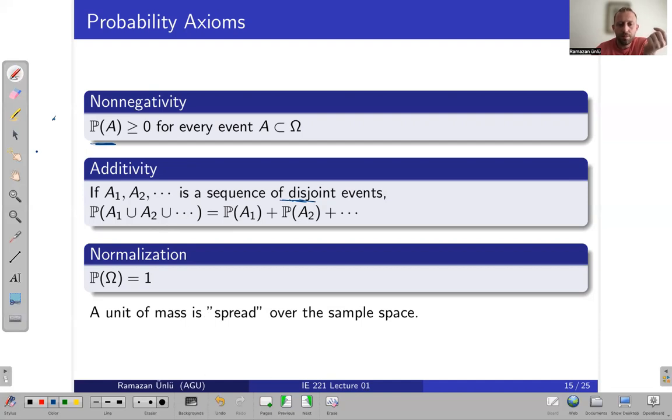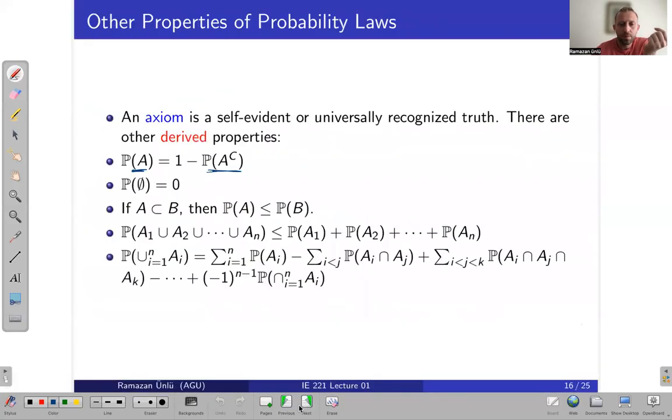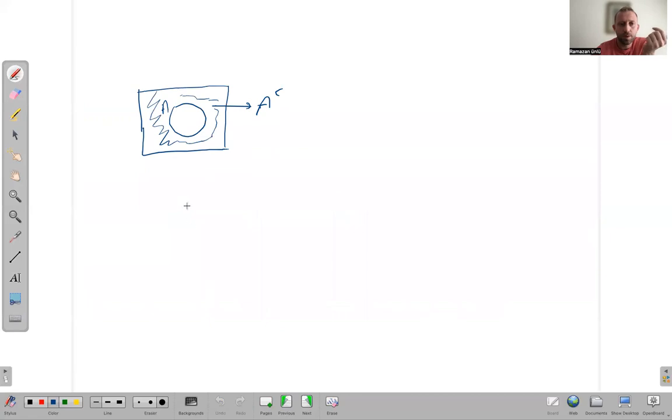So in our example, A union A complement is equal to 1.